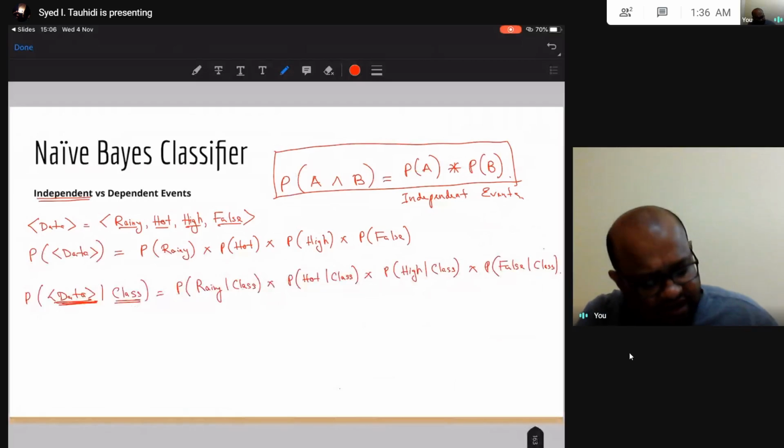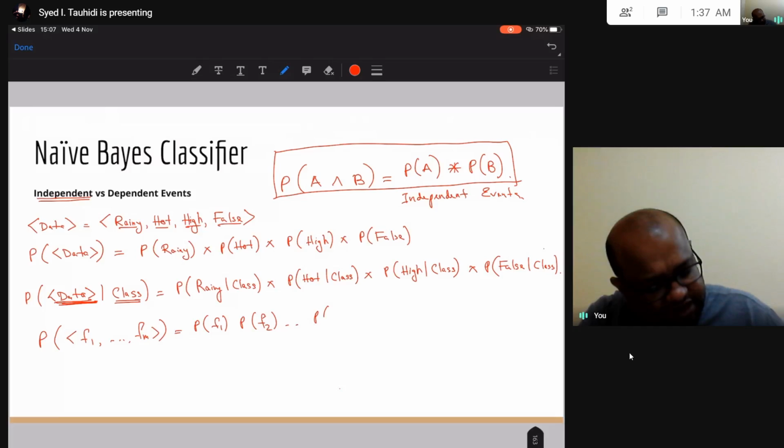In general, if I have feature 1 up to feature m, then the joint probability is going to be the multiplication of all these individual features: probability of feature 1 times probability of feature 2 up to probability of feature m.